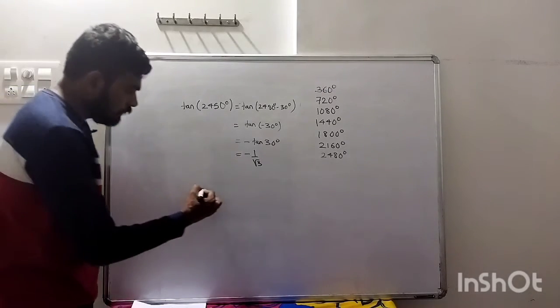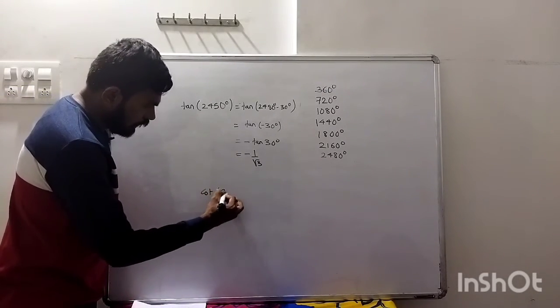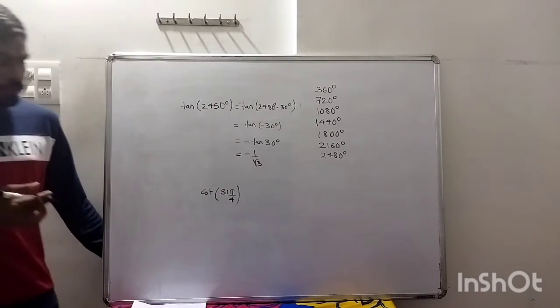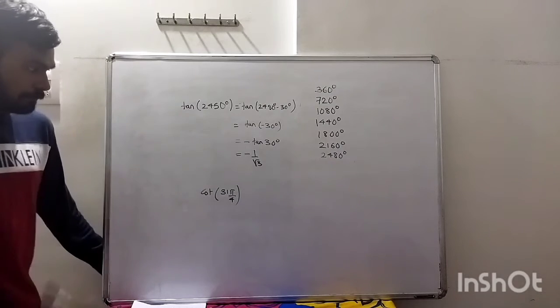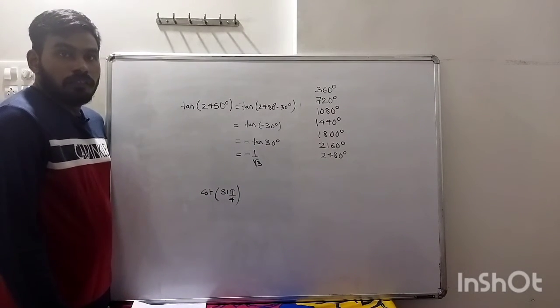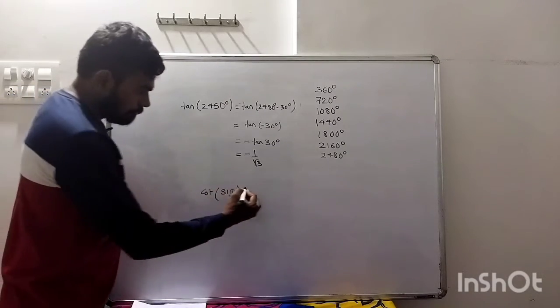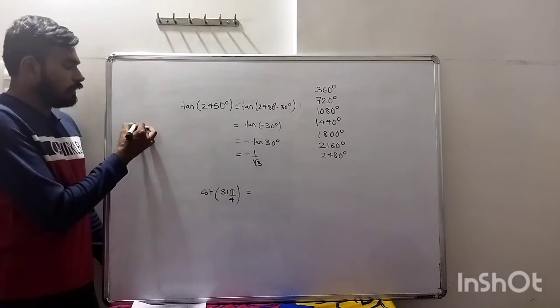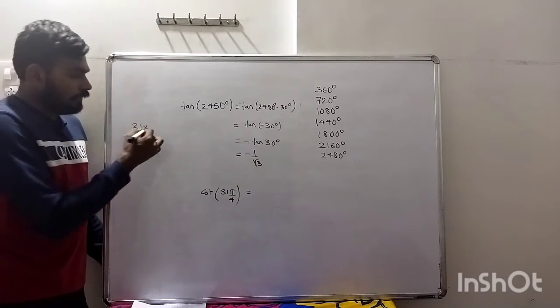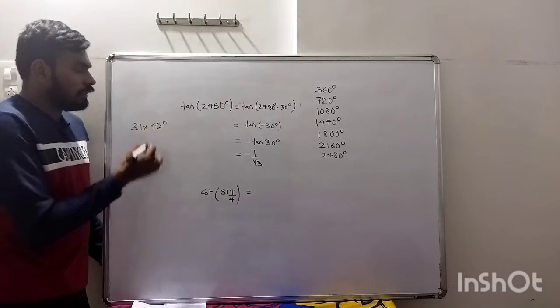Similarly, if you are asked to find cot of 31 pi upon 4, like this, what to do? First convert this into degrees. See, you try to find 31 into what? Pi upon 4 is 45 degrees. So 31 into 45 degrees.